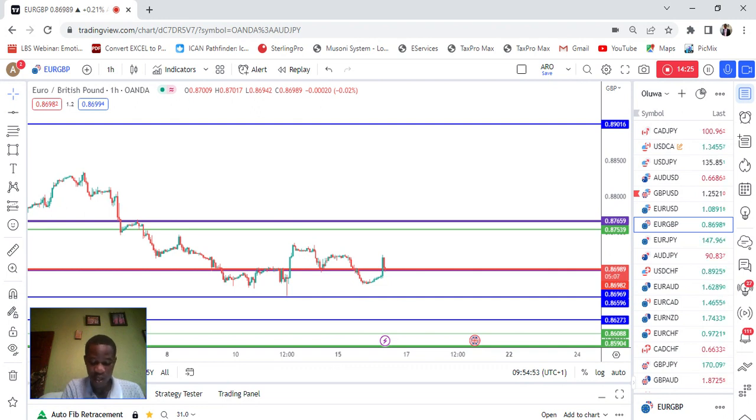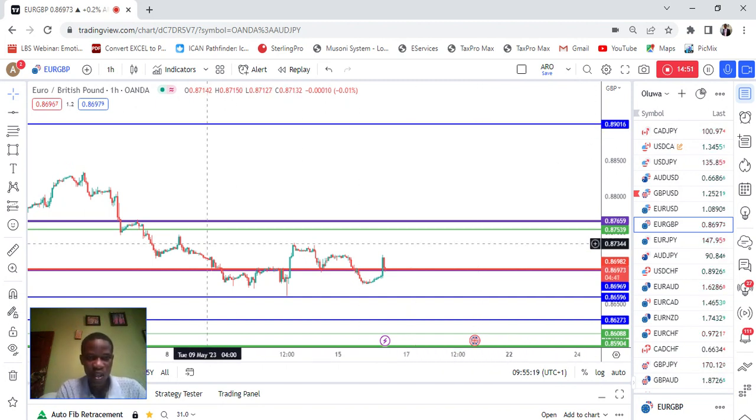So after you identify that market structure, the next question will be: where is the area of value? And what do I mean by area of value? That is an area at which you can determine whether this is where the market is going to change direction.